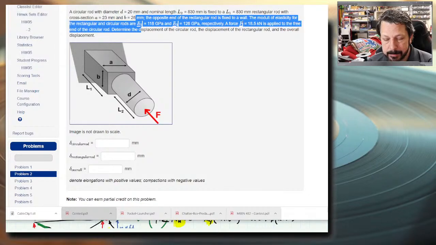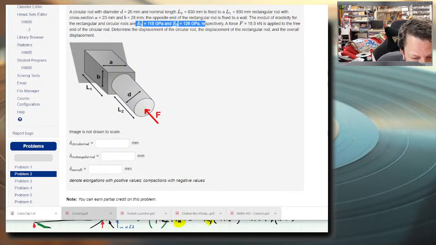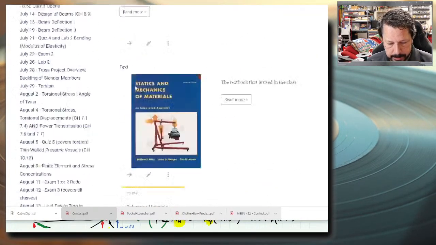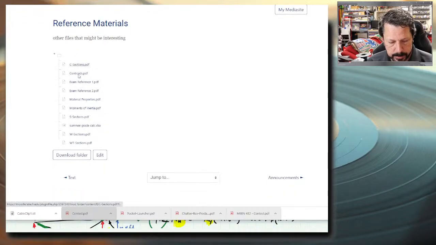Now on the exams, you won't always be given the modulus of elasticity like you are here. You might have to go look it up in one of the reference sheets, which you will have access to. In fact, let me show you. You will have access to these in this reference materials folder. You can look at any of these references, and there's exam reference 1 and 2.